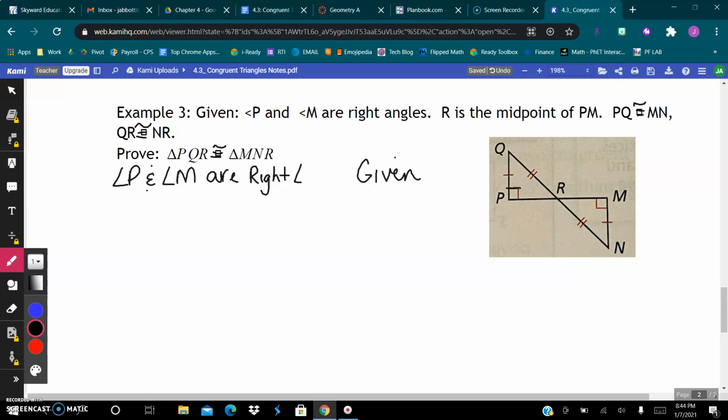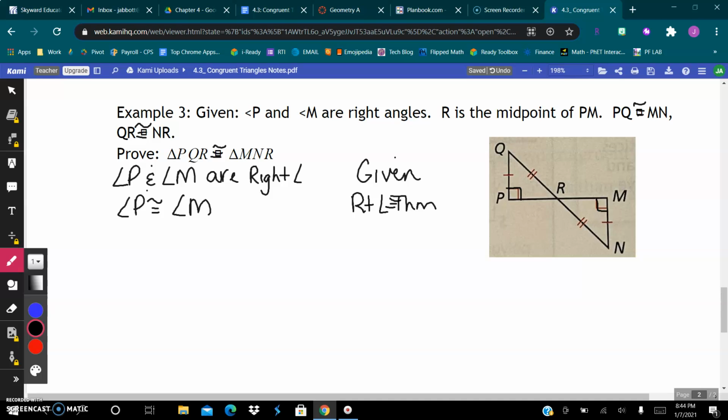And they are shown here by the little boxes. And then if they're both right angles, that means they're equal to each other or congruent to each other. And that is because of the right angle congruence theorem.